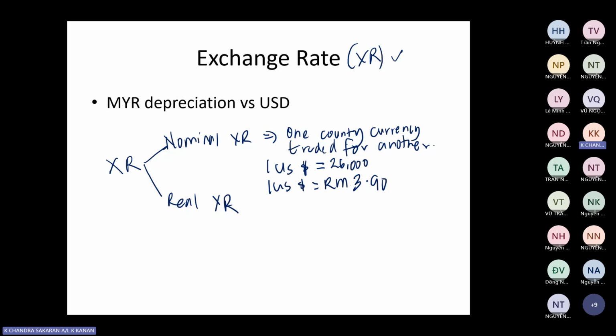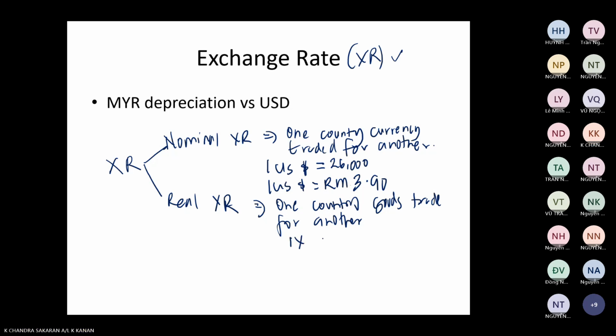Okay, so nominal exchange rate: you look at one country's currency traded for another. Real exchange rate is very difficult to get the data. You have to convert from the nominal to the real. So you can use the nominal exchange rate data, no problem. Real is one country's goods traded for another. That means if I give you one X, you give me how many Y. What's the terms of trade?